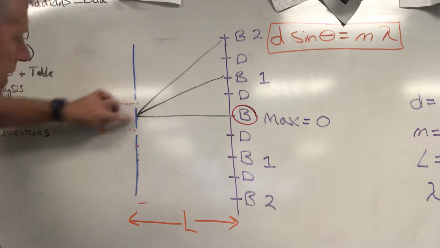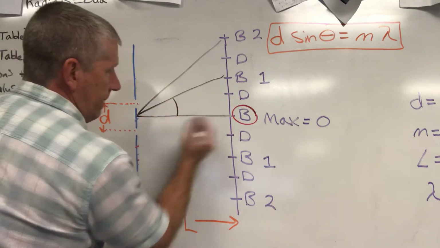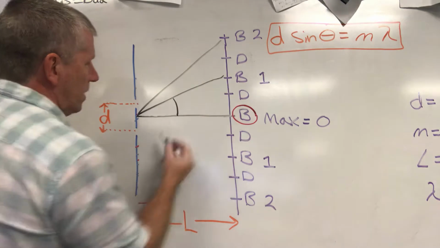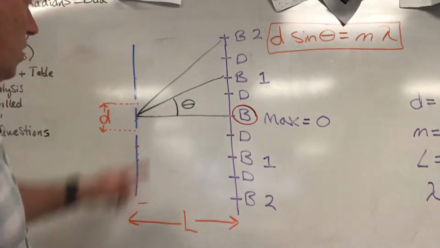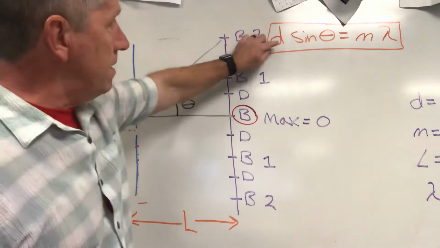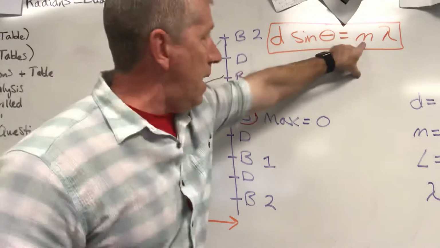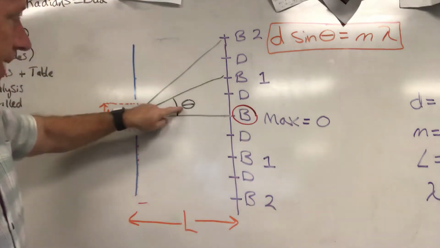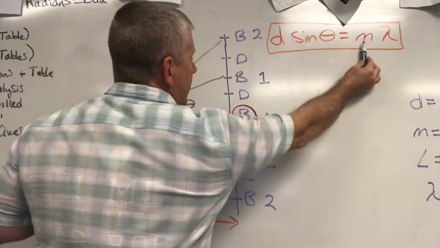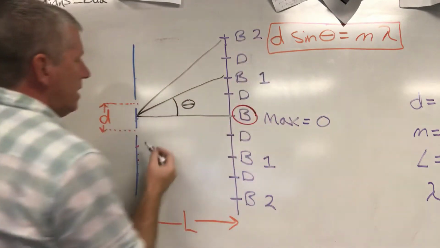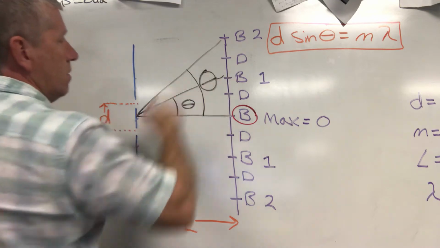Okay, so now from here, across the center maximum out to the first bright spot is an angle. That's theta. So the sine of that angle to the first bright spot would be that angle here. Now, if I'm using the second bright spot, m equals 2 out here, then that angle would be that.